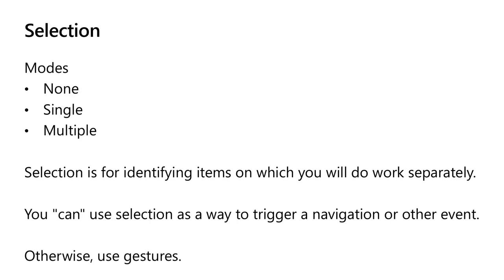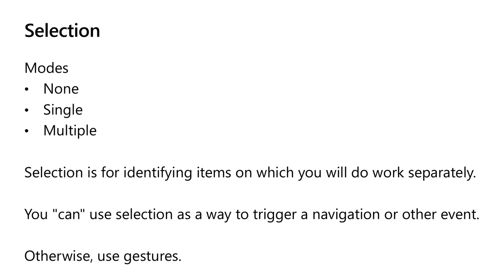We'll take a quick look at selection modes. You can do single and multiple selection modes as well as none. Selection is typically more for, I want to tag a bunch of things, kind of like if you go to your Photos app, right? And you go to selection mode, and you start tagging things, and then you do a group action on those. If you want to do just a tap on the thing and then go to another page, then that's more of a gesture.